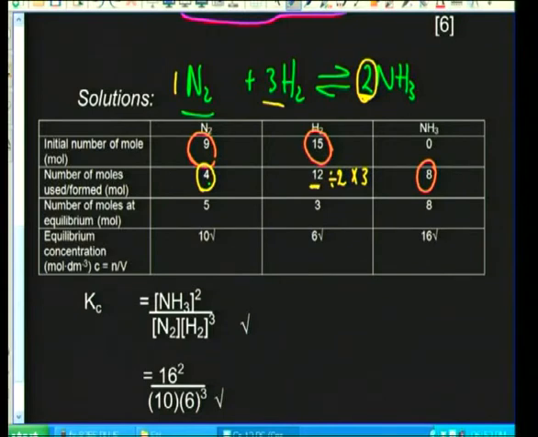And that's why I come to this number 12 over here. That is the number of moles that is either used up, whether it's reactants, or that is formed in this whole process.